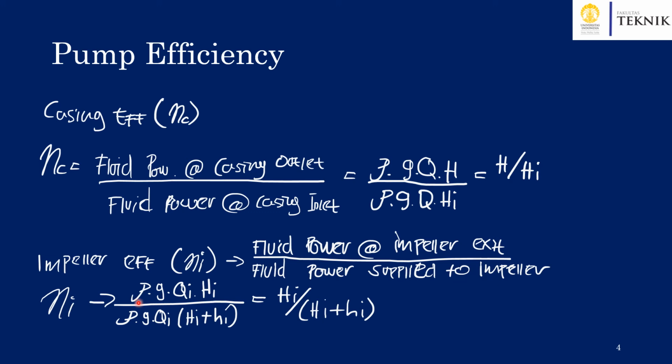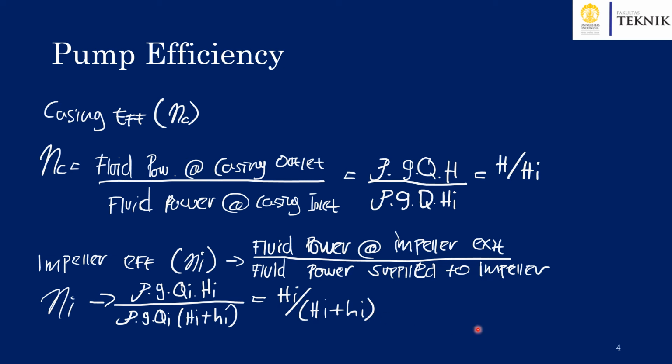So this is a function of density, gravity, Qi, the flow rate at the impeller, and the head at the impeller, divided by density, gravity, Qi, the flow rate at the impeller, multiplied by the sum of the total head at the impeller and the small hi. The small hi, if you remember, is the energy or head loss in the impeller due to friction, flow separations, or the impeller entry.